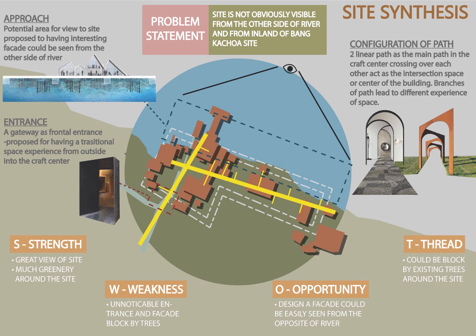The entrance for the Bang Kachao site, for the proposed area, could be more like a gateway, which I propose as a building element. It will be a frontal entrance, a transitional space where you go from Bang Kachao into a new area, the craft center.